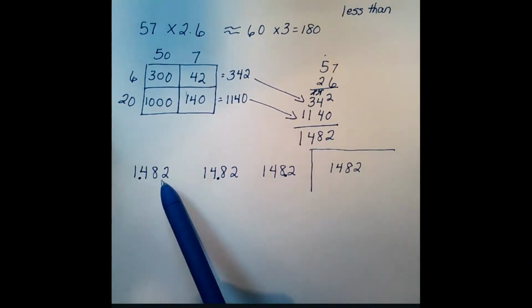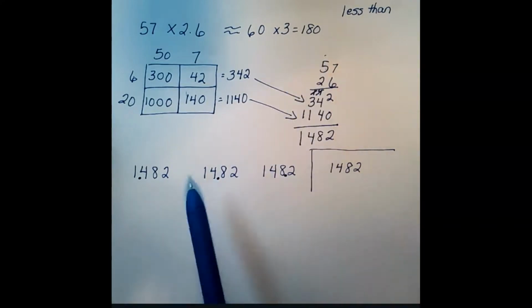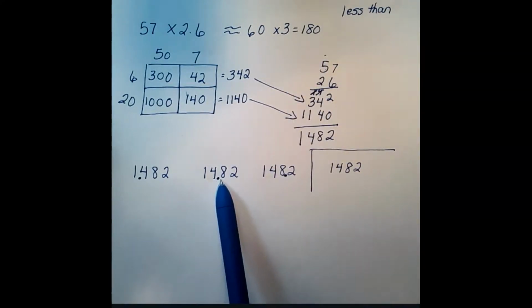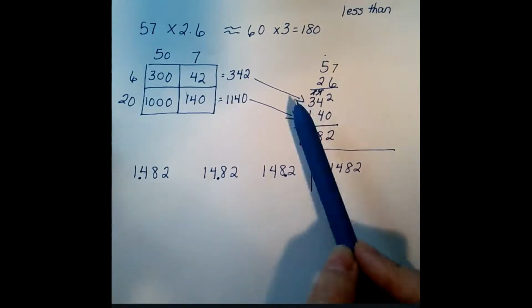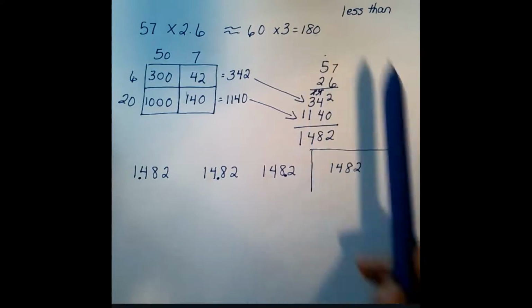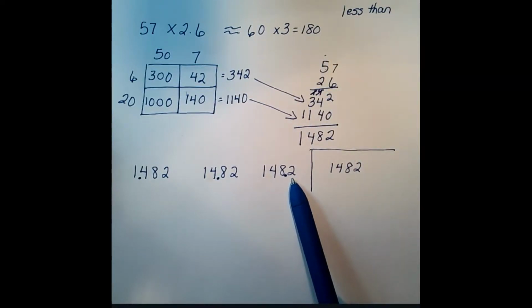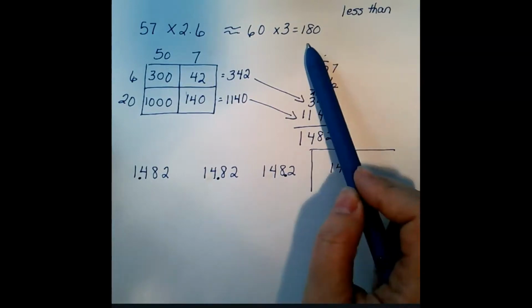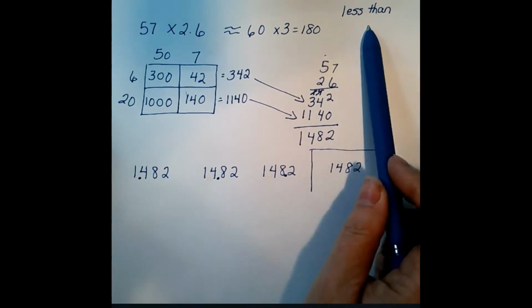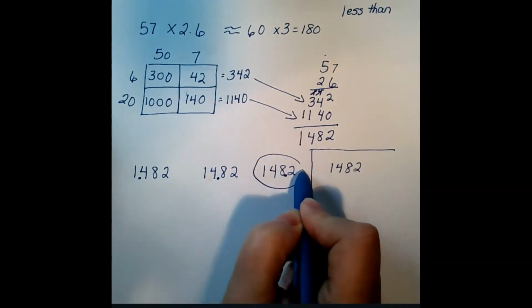Here, that is less than 180, but it is not around or close to. If I look at 14 and 8200ths, that is not close to 180 either. If I look to 148 and 2/10, that is close to 180, and it is also less than. So this would be where I put my decimal.